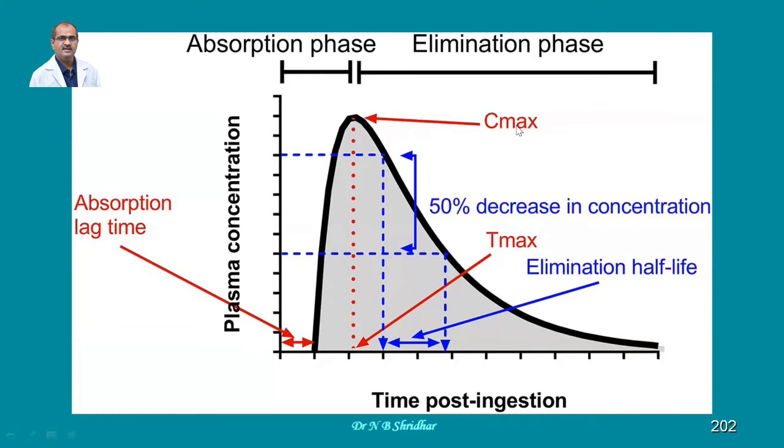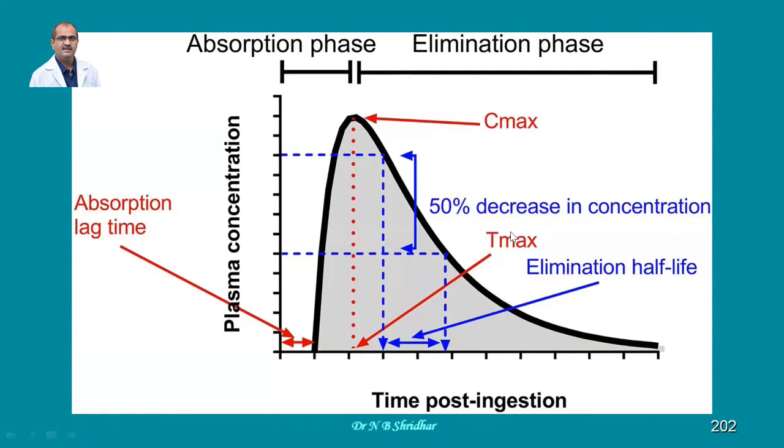Yesterday we have seen what a Cmax is. It is the highest concentration of the drug after its absorption into the body, also known as the peak plasma concentration. The Cmax will be attained at the Tmax. So Tmax is the time when the drug has attained the peak plasma concentration.